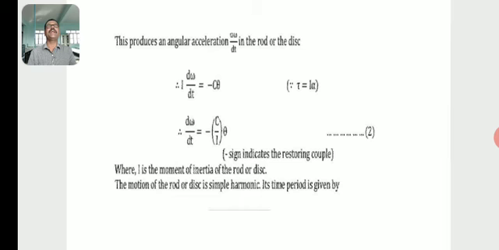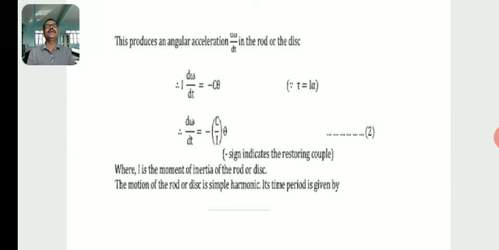This produces an angular acceleration d omega by dt in the rod or the disc. Therefore, I d omega by dt is equal to minus C theta, where tau is equal to I alpha, moment of inertia into angular acceleration.